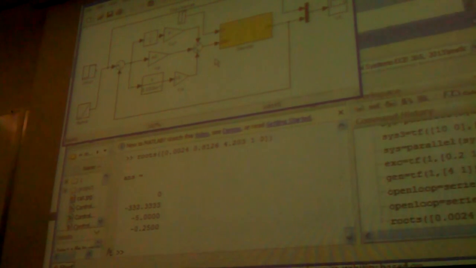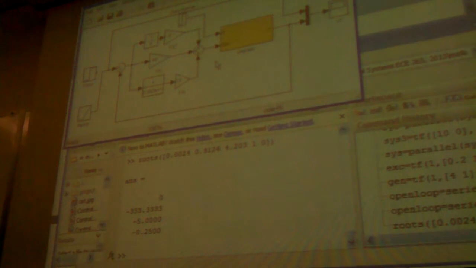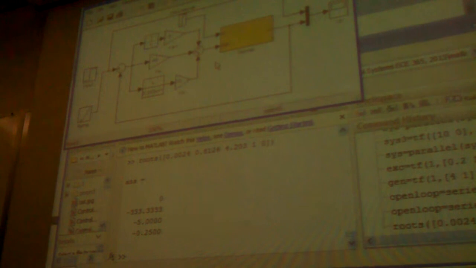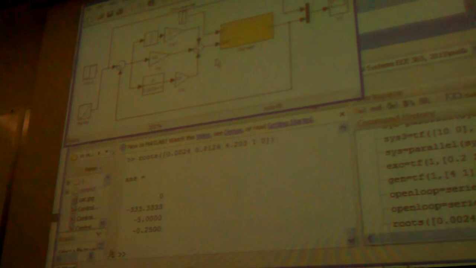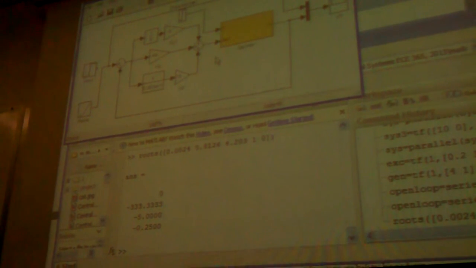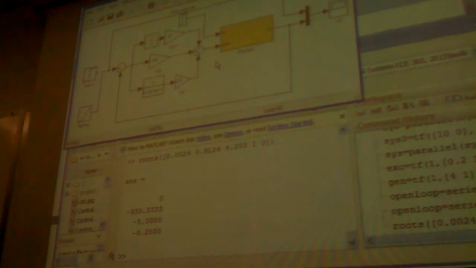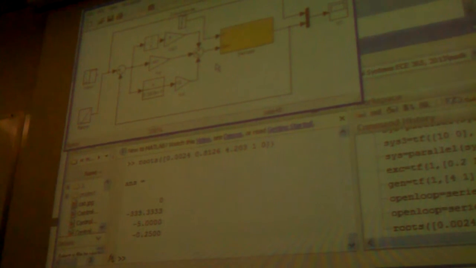Actually, if you put it in the S plane, there's 1, 2, 3 all the way here. So this is S equal to 0, this is S equal to minus 0.25, and this is S equal to minus 0.15, and this is S equal to minus 333.